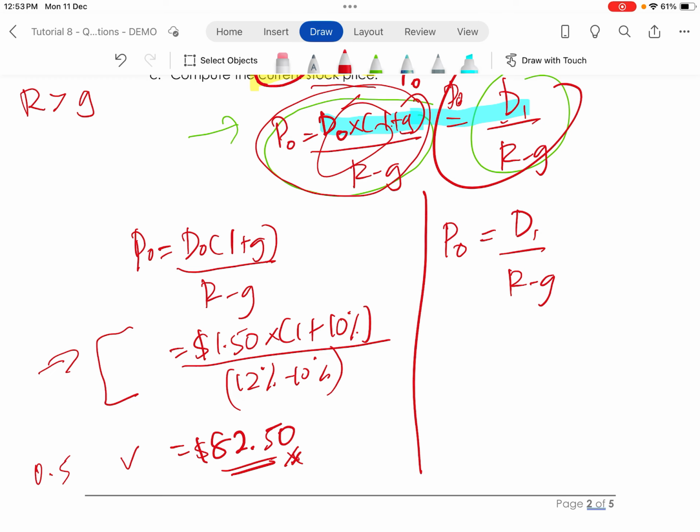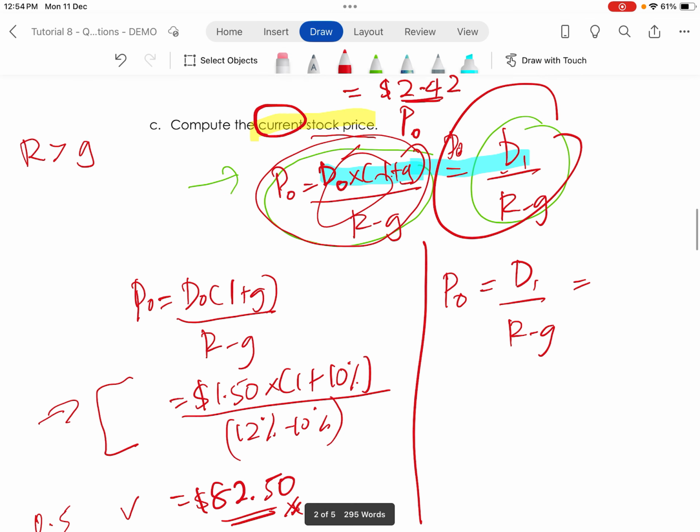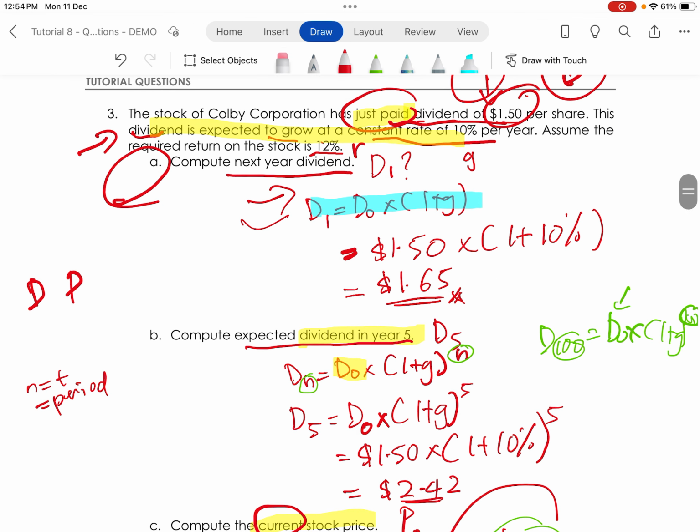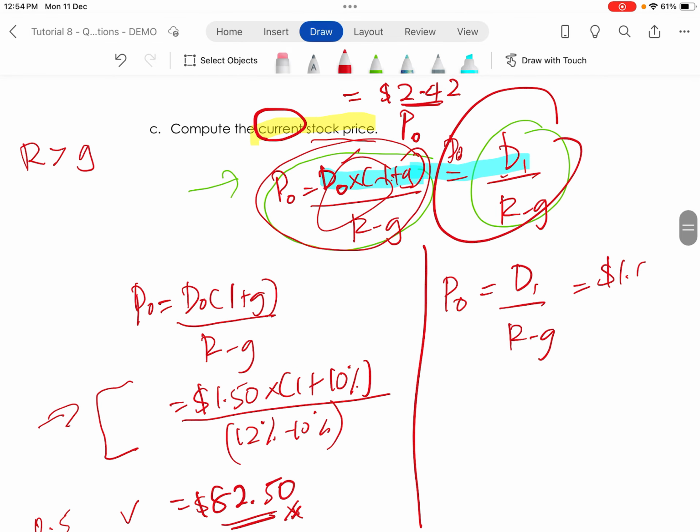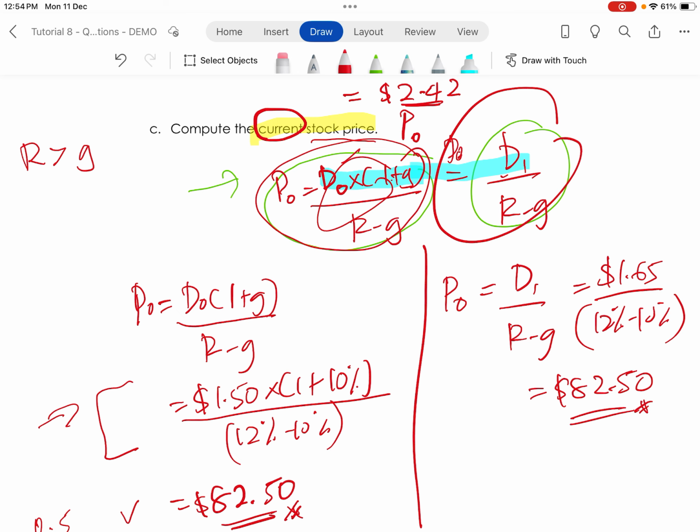I'm not sure if in the formula I write P0 or P, but even if I write P only, it refers to the current share price. Now the D1, because you already calculated D1 in question A1, which is 1.65. So you just substitute all that info. 1.65 divided by 12% minus 10%, which is 2%. Whatever it is, you will get the same answer, because it's the same thing.